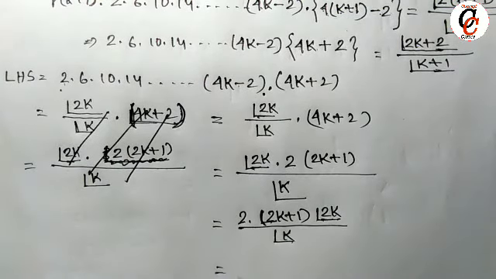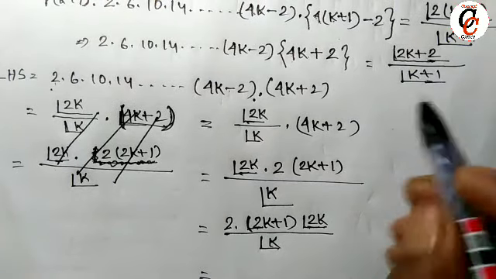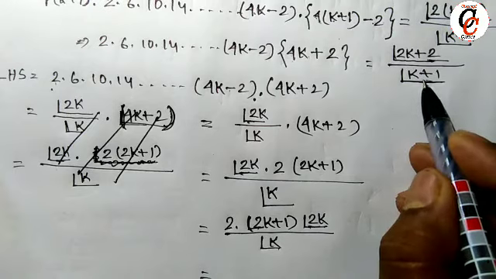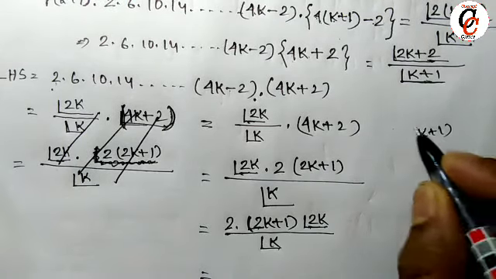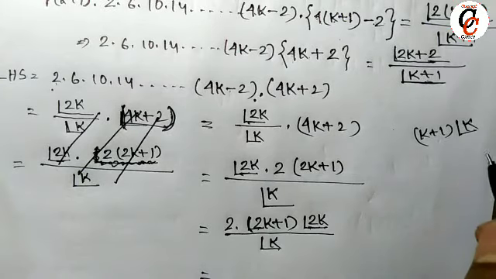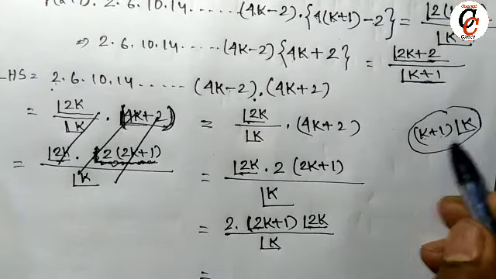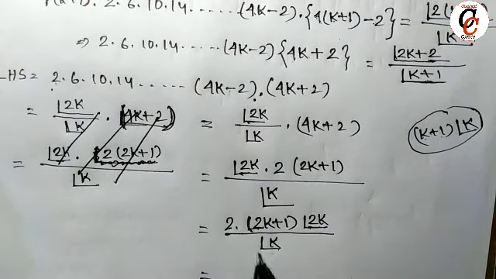Now see, one thing we have to do. In the right hand side, what do we need to prove? Factorial k plus 1. Factorial k plus 1 means what? k plus 1 all into factorial k, 1 less, yes or not? So in the denominator we need k plus 1 into factorial k, but in our denominator we are getting only factorial k.